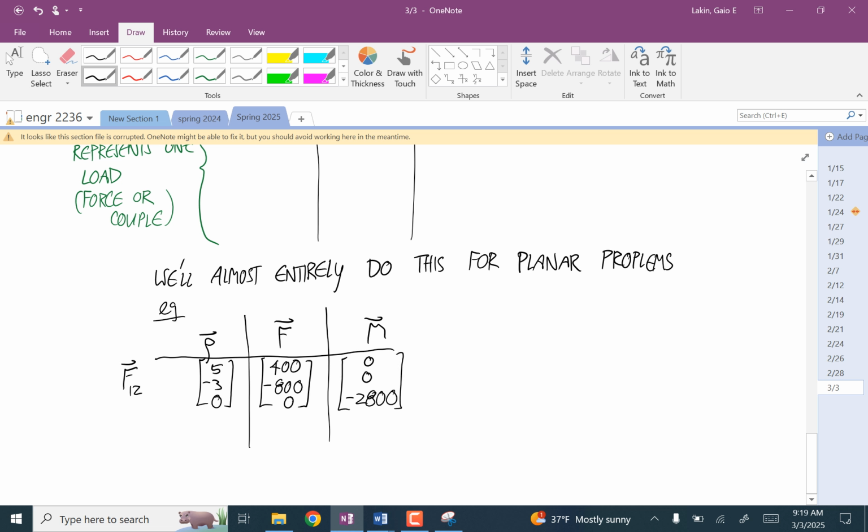Remember that like all rotational vectors, the moment is parallel to the axis of rotation. So if you're doing stuff in the plane, you're only going to have a z component for your moments. You should remember that this is what a moment means in 2D: it's a z component. Moments are always vectors. But you can save pen strokes by just writing it like this, and I will do this all the time.